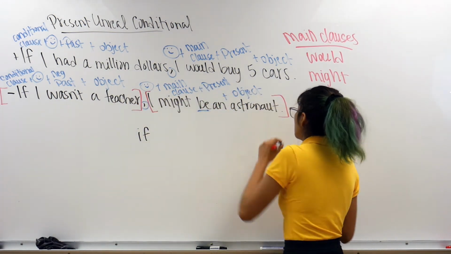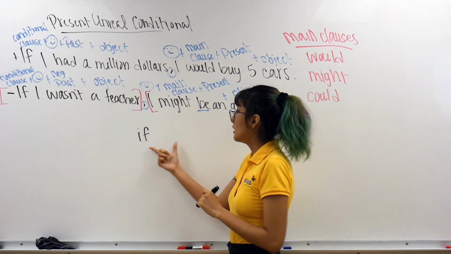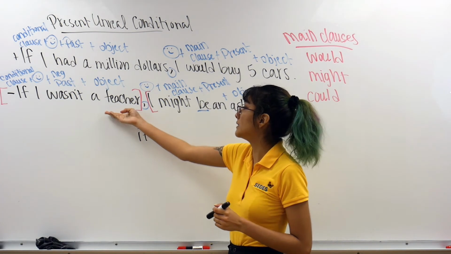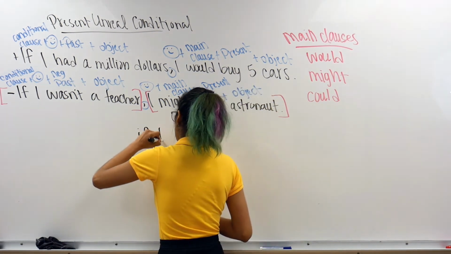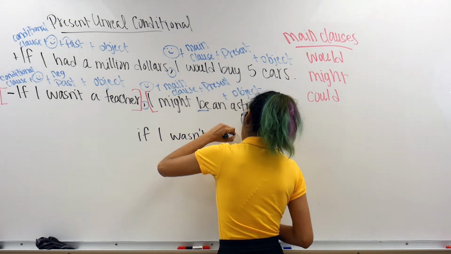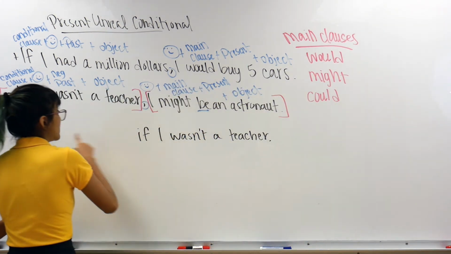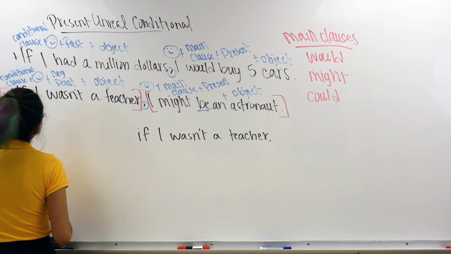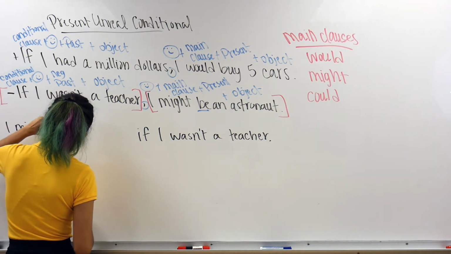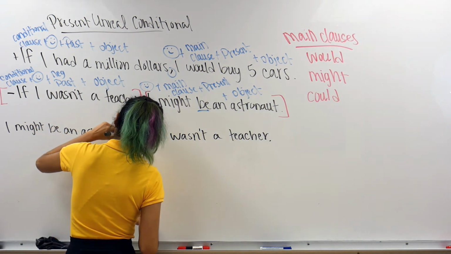So if I want to put if in the middle instead of the comma, what's going to follow is the same clause that has it here. If I wasn't a teacher. And here, this clause will not go to the front. I might be an astronaut.